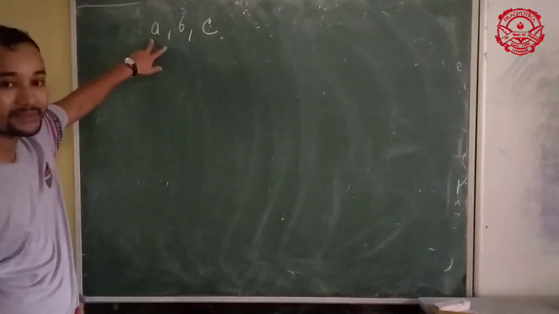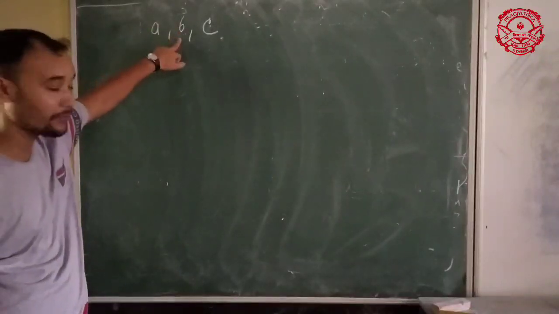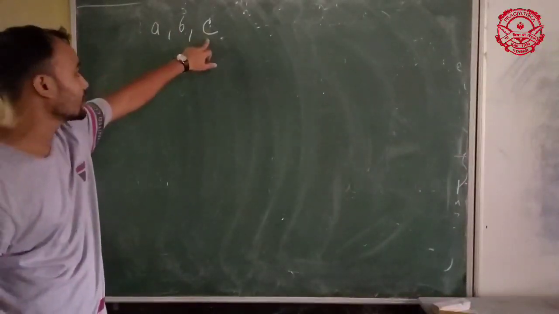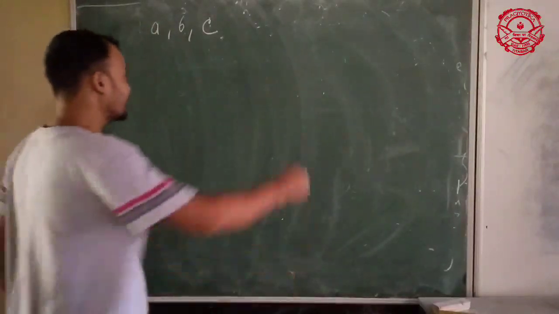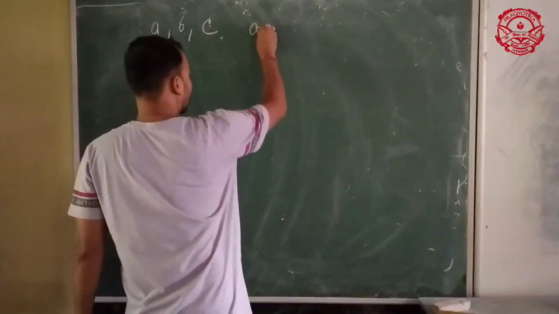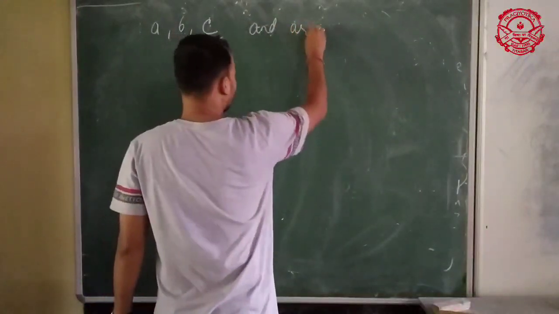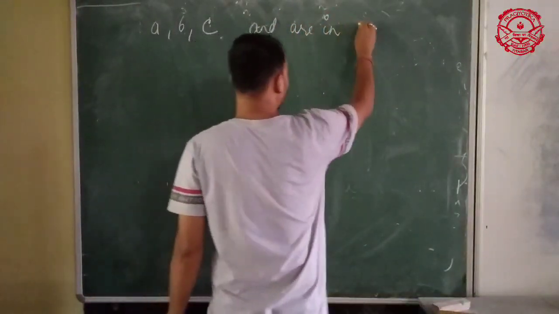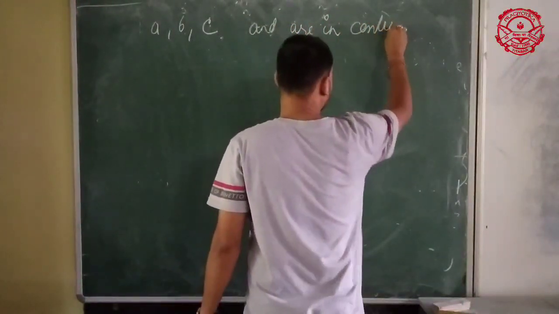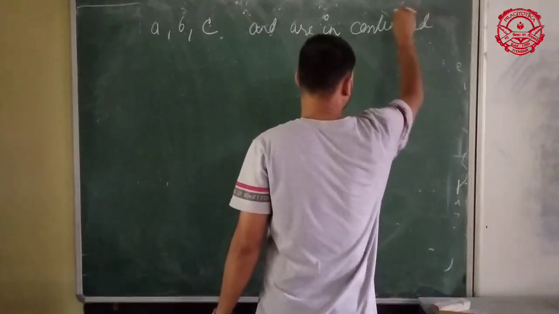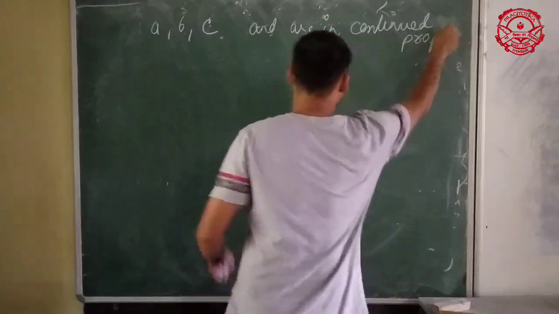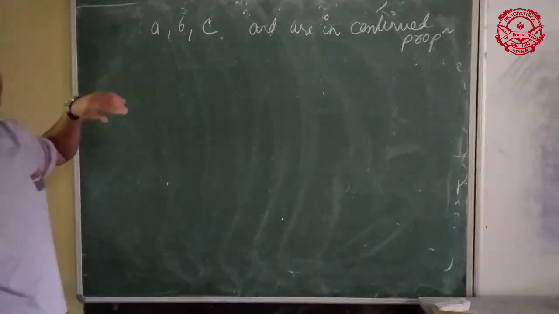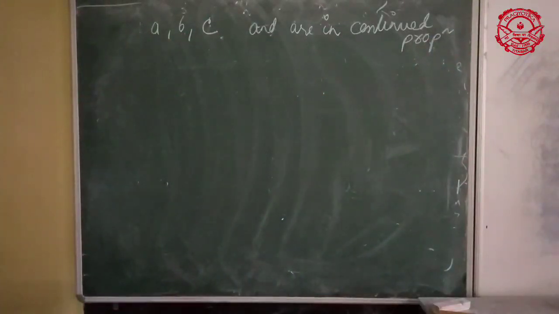Suppose A represents someone's age, B also represents someone's age, C also represents someone's age. If they are in continued proportion, how are we going to represent A, B, C in terms of proportion?